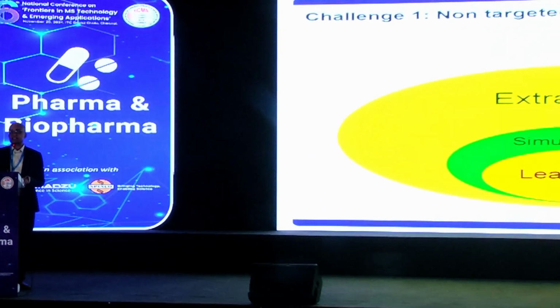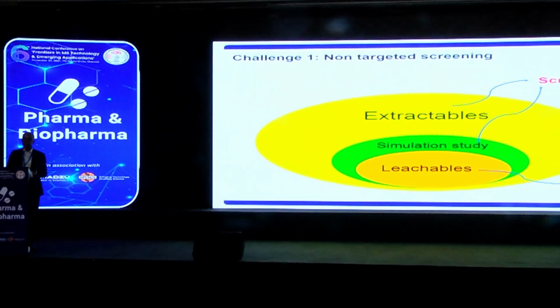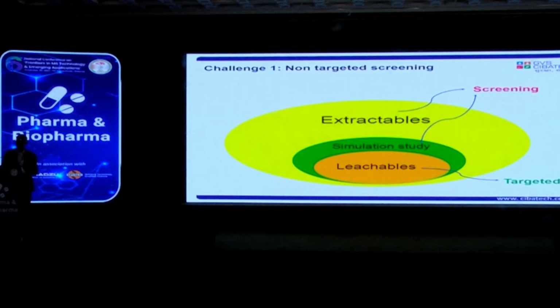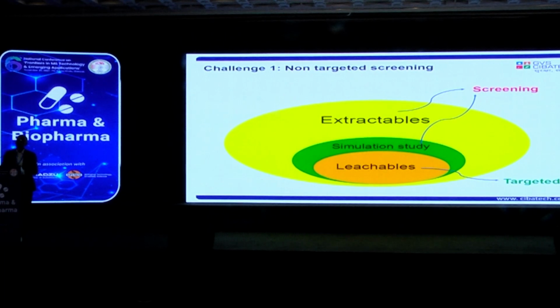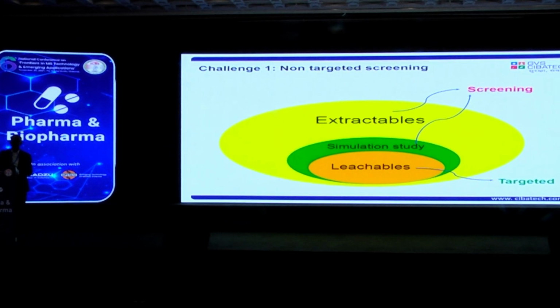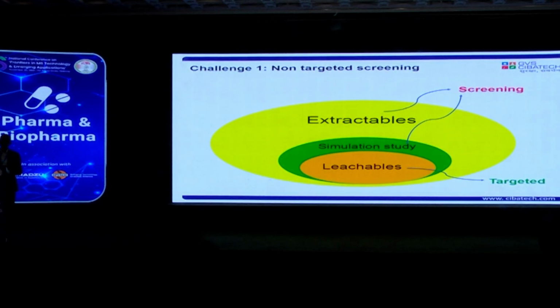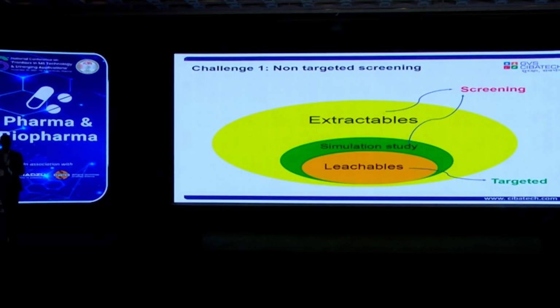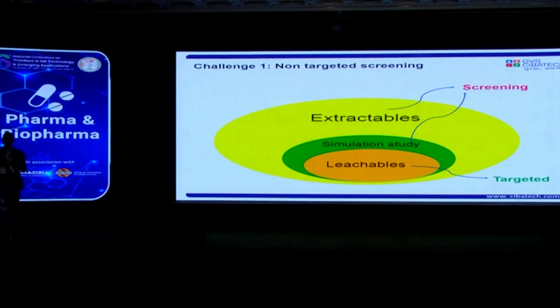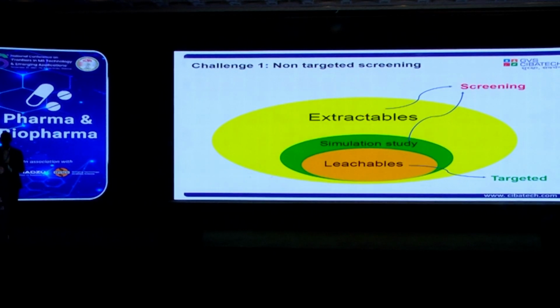Now, these extractables are probable leachables. They are not leachables yet because an extractable study is always an exaggerated study where we use solvents, temperature, time to try and forcefully extract. And we expect that the leachables would be a subset of the extractables, because leachables are those compounds that are coming out in the real life scenario.